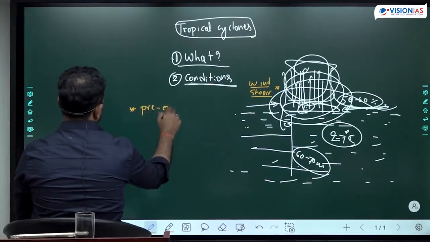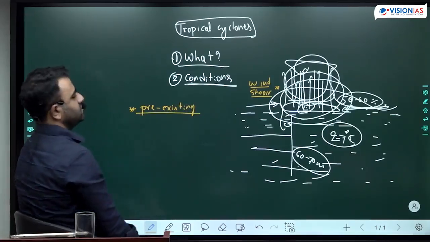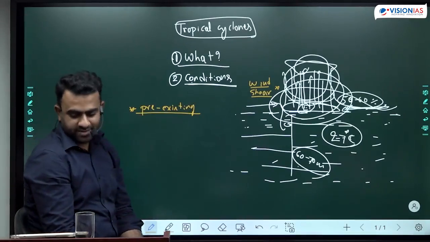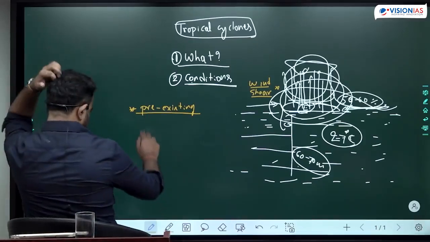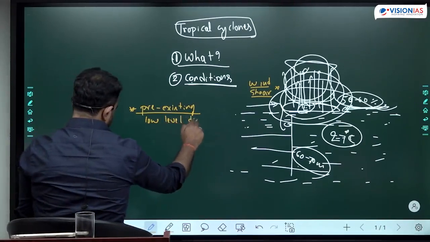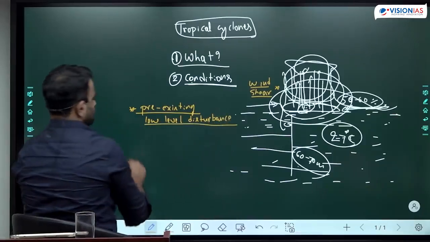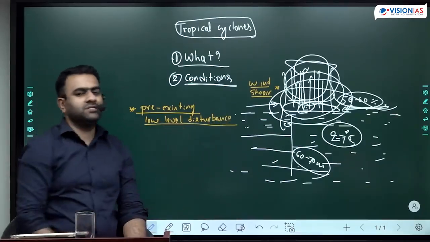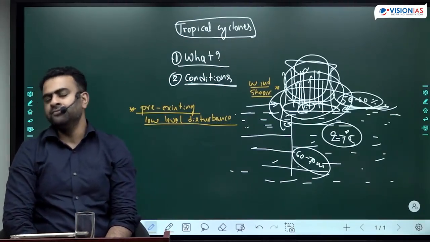Pre-existing low-level disturbance. When I say disturbance, it refers to low pressure. Low pressure is what is called a disturbance.